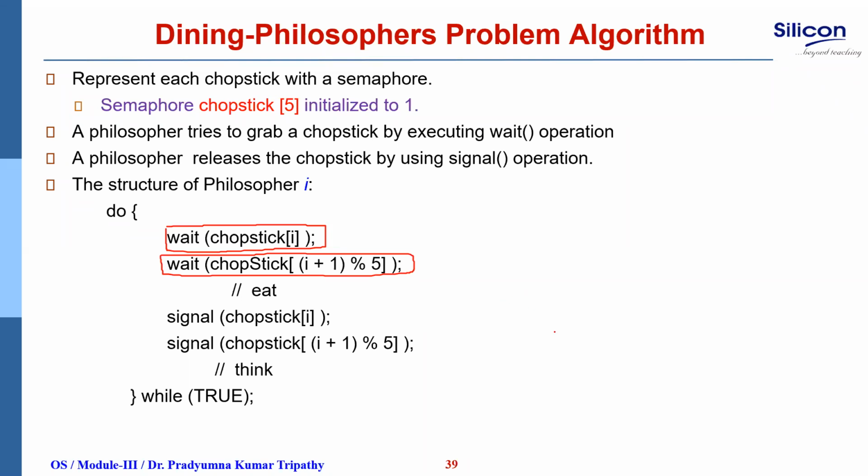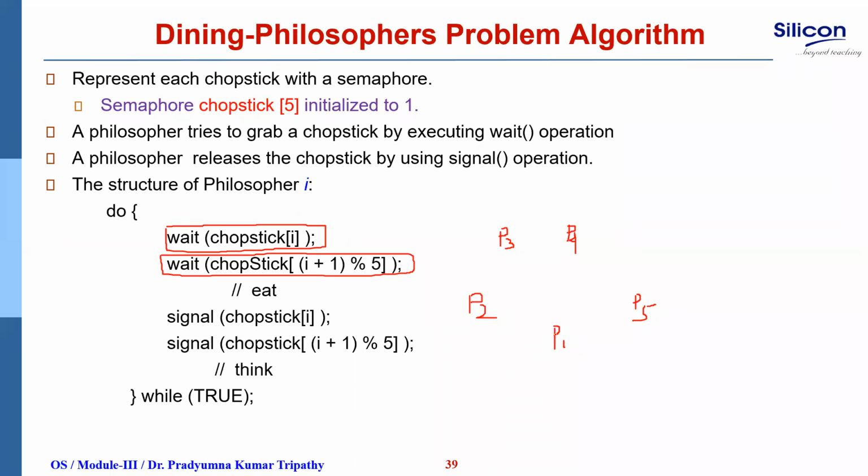Okay, now just think of a philosopher over here, a process over here. This is the process P5, right? And this is the process P2. There are some processes over here, P1, P2, P3. Processes we can see as the philosophers in our case. There are 5 philosophers over here.